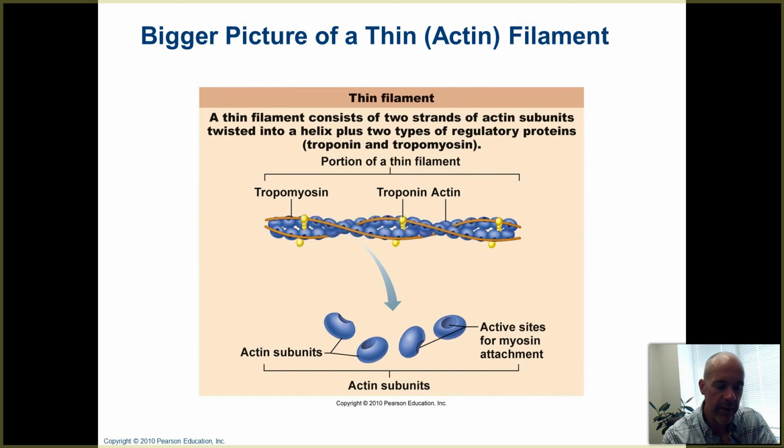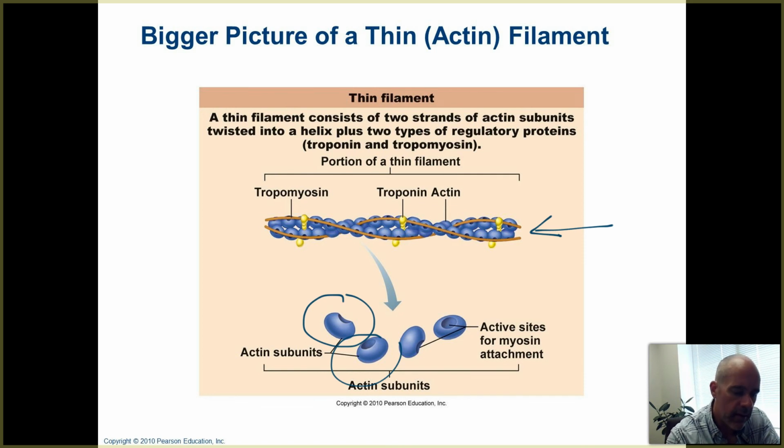So again, in blue there, you can see a single thin filament is two strings of actin protein beads that are linked together. And then this protein that kind of snakes its way across the surface of one of your actin strings, and then you've got another one over here, that's called tropomyosin.